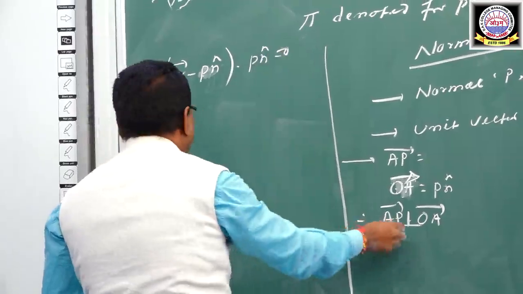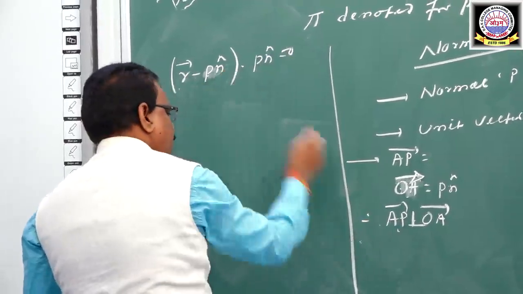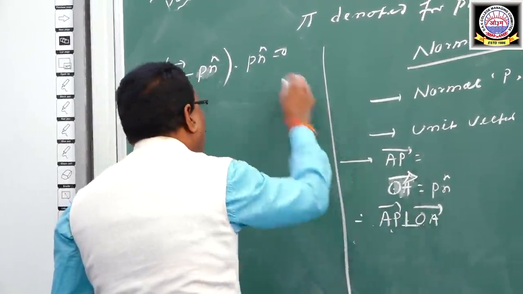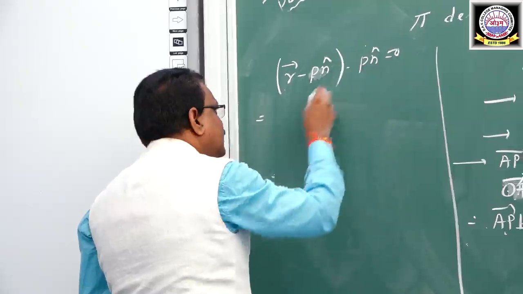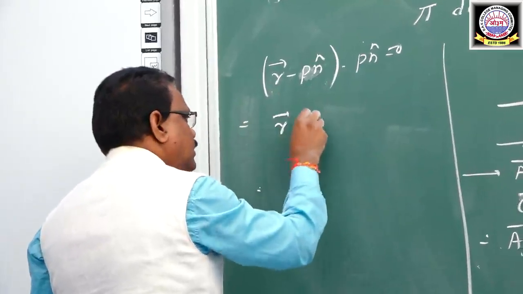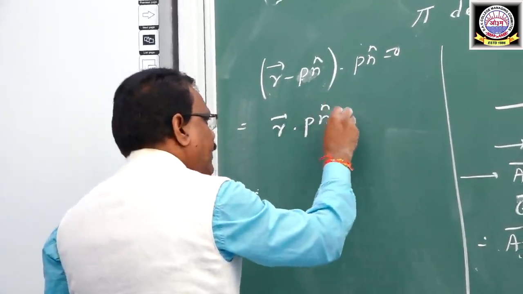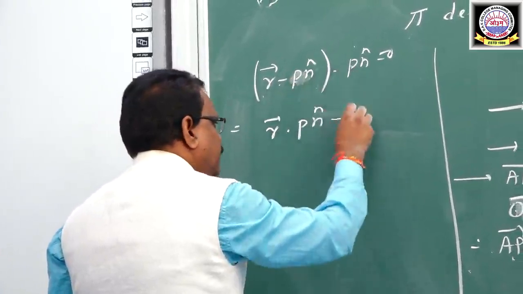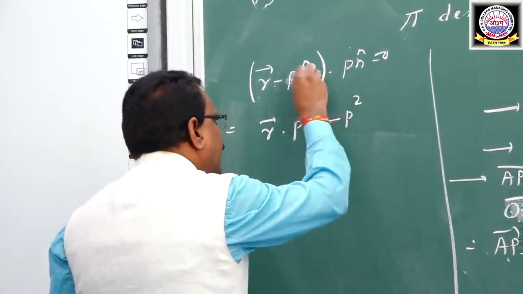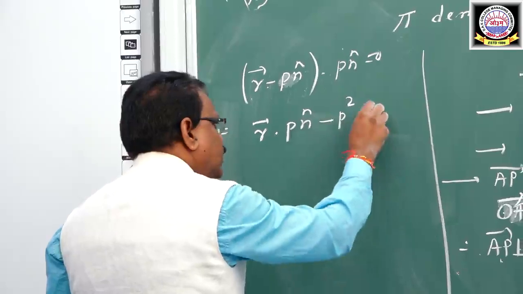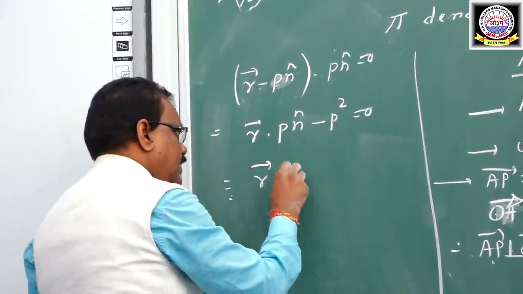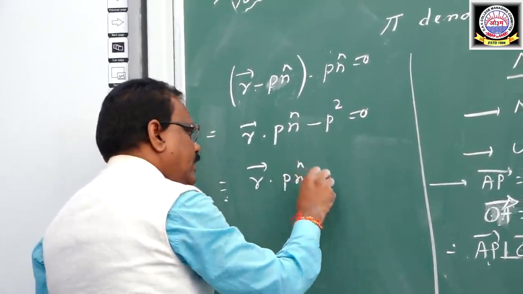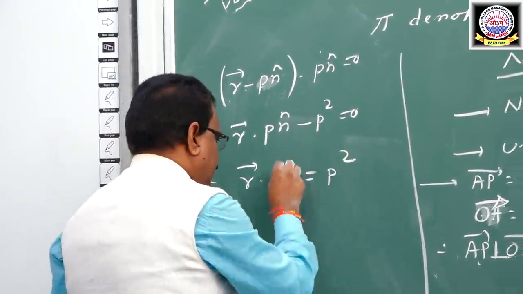Once again, the AP vector R minus P n cap is perpendicular to OA, which is already P n cap. So do the dot product: R dot P n cap minus P into P squared, and n cap dot n cap is 1, is equal to 0. So that is R dot P n cap is equal to P squared.